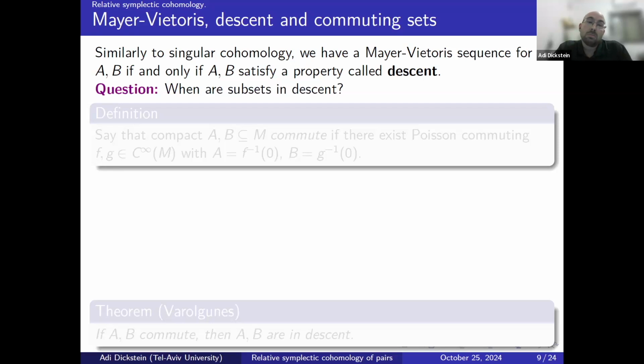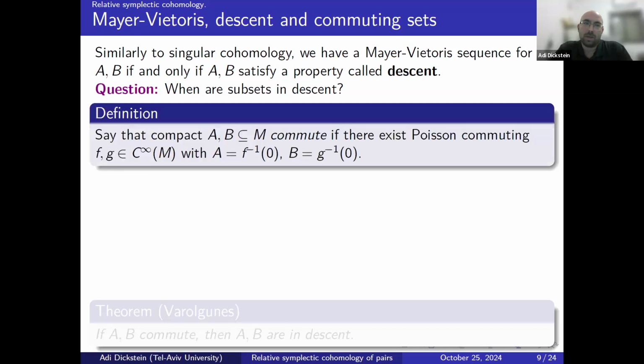And the question is, can we describe such sets in some geometric language? So here is a definition for commuting sets. We say that two sets commute if there are Poisson commuting functions such that our sets are exactly the zero sets of the functions.